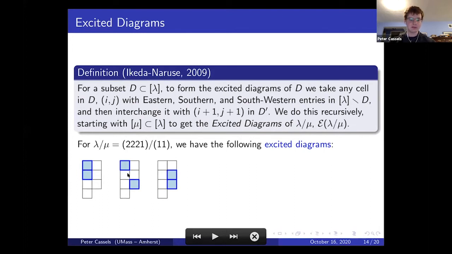And whenever we have a cell in the excited diagram where the cells to the right, below, and diagonally below are not in the excited diagram, then we just move it there, and then we fill in the rest of them recursively. So here we move this cell down here. And then we do that again for this cell.